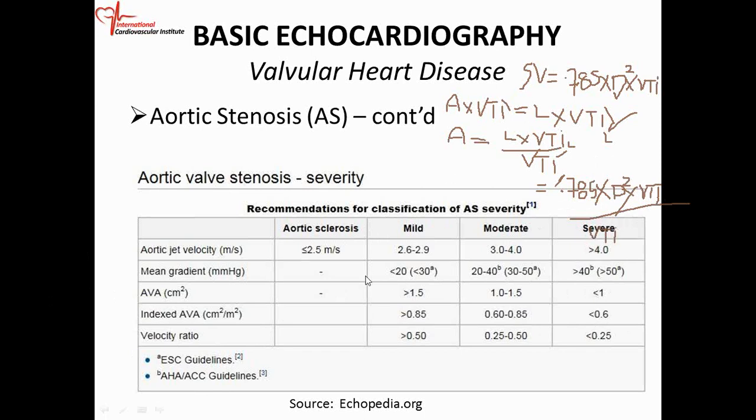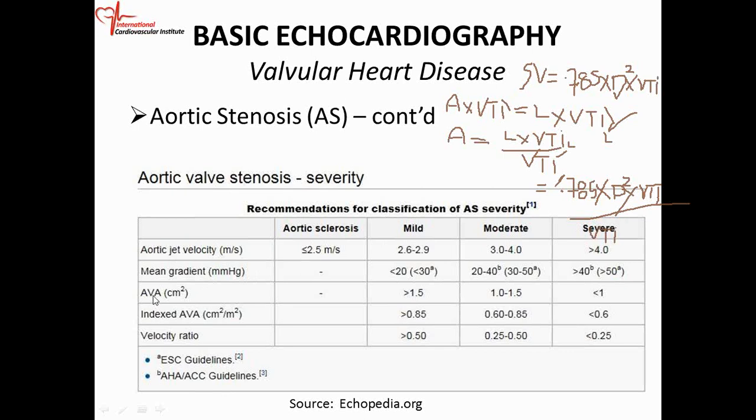What constitutes someone with a mild aortic stenosis? So that same velocity across the aortic valve using C doppler, if it's between 2.6 to 2.9 meters per second, then it's mild. If that mean gradient is less than 20, then it's mild.